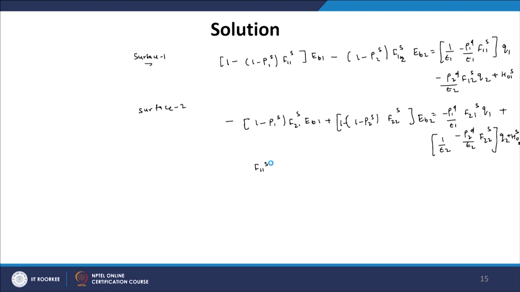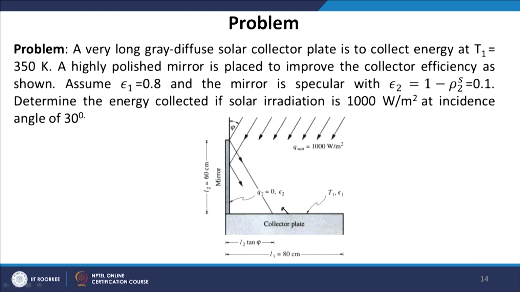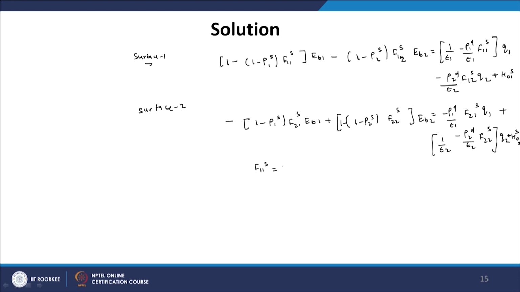So, let us look at the configuration. The radiation leaving diffusely from this surface, it travels towards the mirror, but after the mirror it will just escape, it will not come back. And directly there is no way it can come back. So, this will be equal to 0.